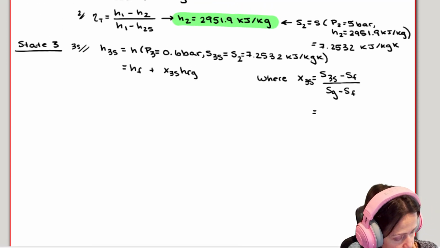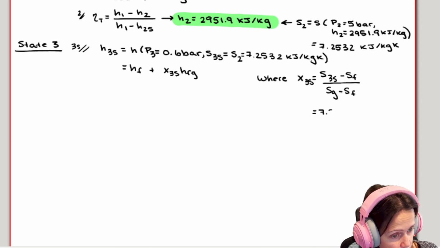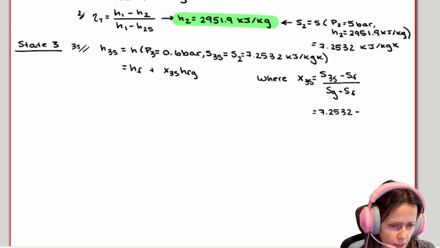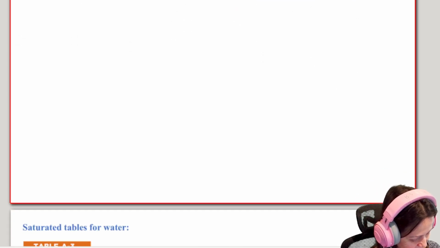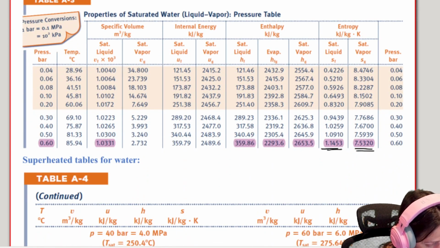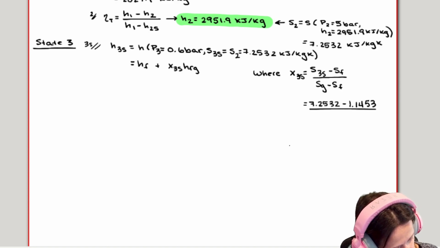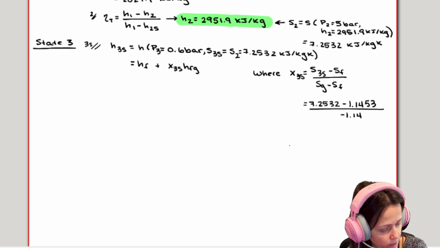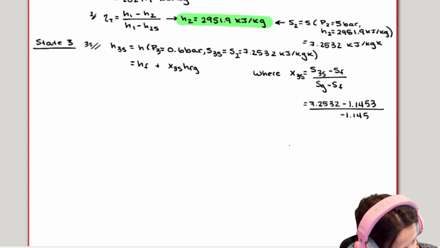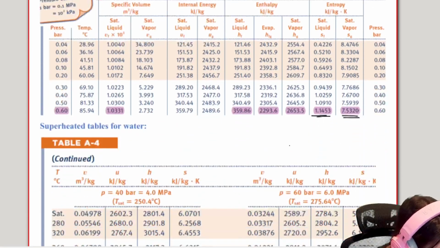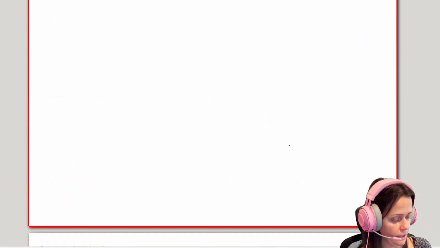So this is going to be 7.2532 minus S sub F, which is 1.1453, over S sub G, 7.532.